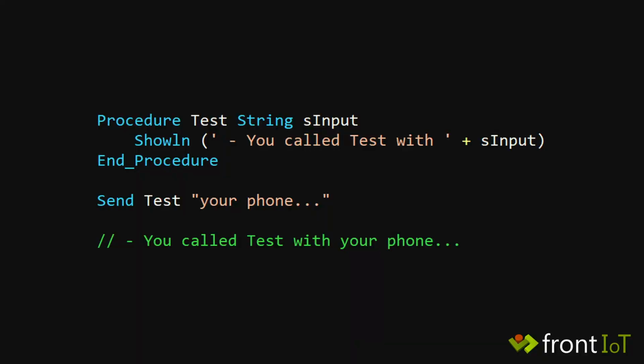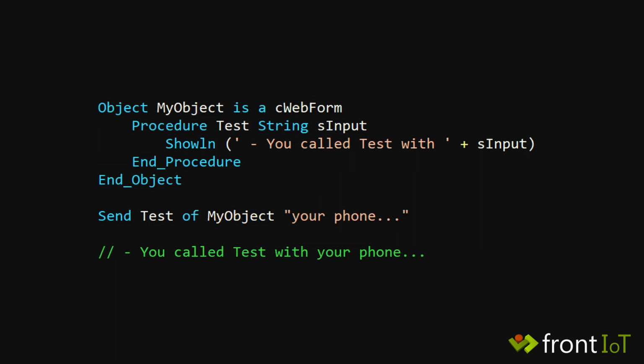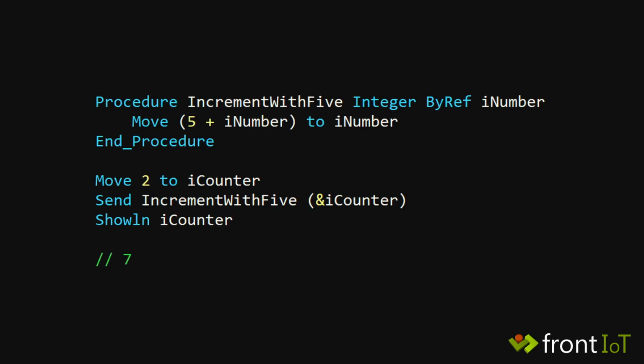We can create a procedure test that takes a string as an input, and when we call it, that string is displayed on the screen. If the procedure is inside an object, we just add "of" and the object name to access it. If you want a procedure to modify a value, you can send it using byref.